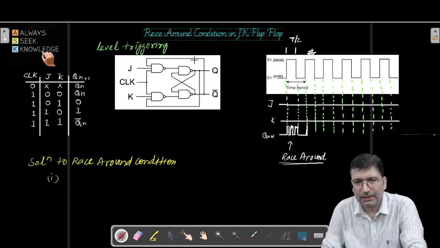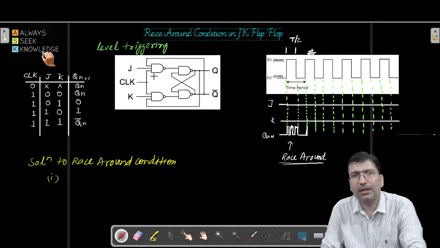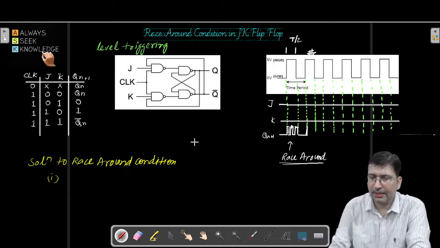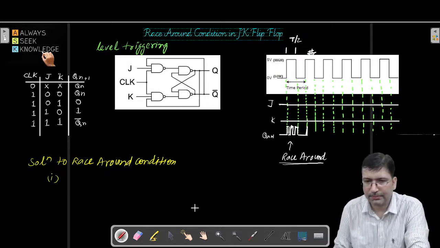The propagation delay of these gates means it will take some time to reflect the deflection or changes. So if your clock is changing in less period of time than the propagation delay of the gate, this fluctuation will not be reflected here at Qn plus 1.